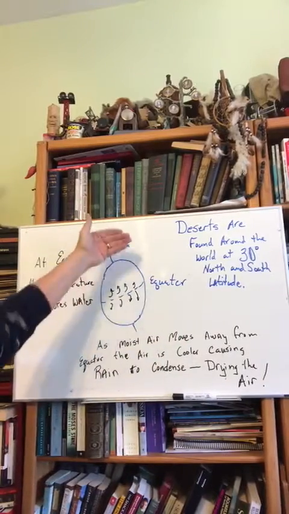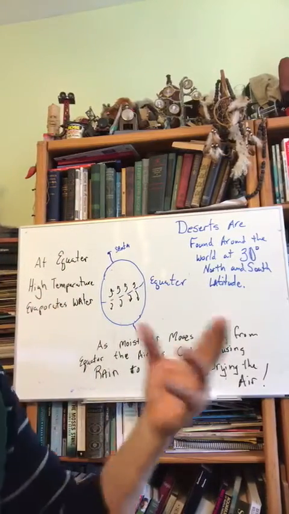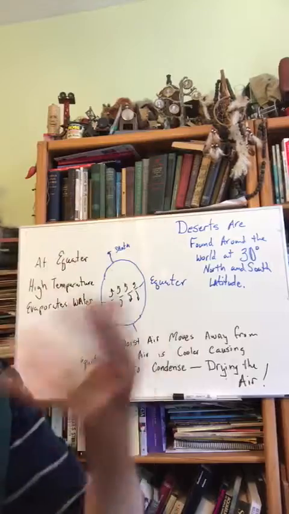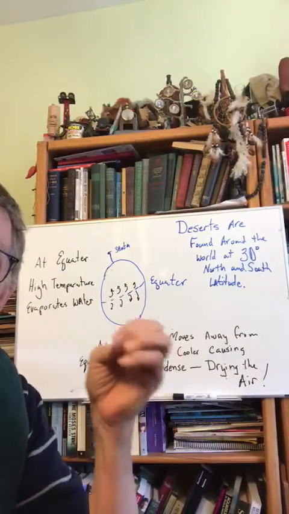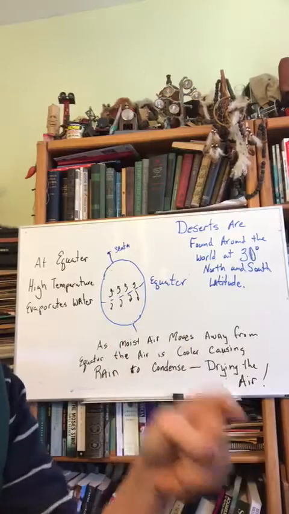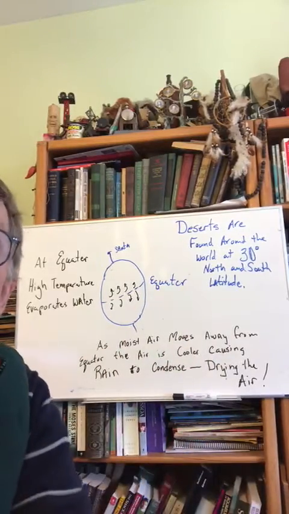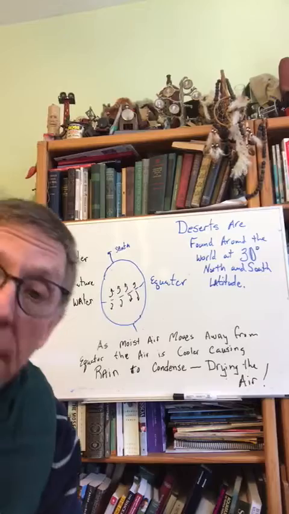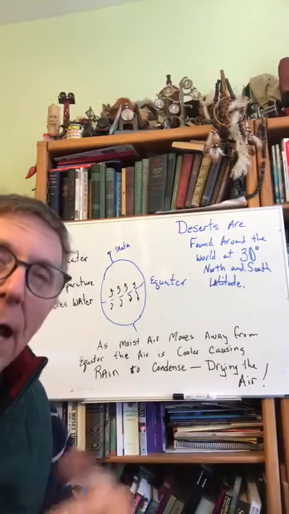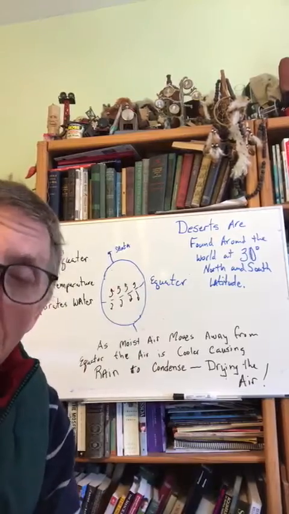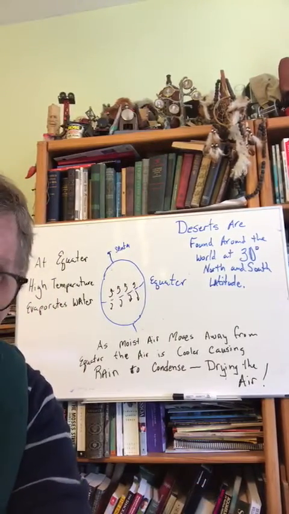And so as you continue moving north or south, it starts to become filled with water again, and we get the biomes of the temperate areas that we'll talk about next. Temperate meaning areas like where we live. We live in a temperate area, areas that are above or below 30 degrees north or south latitude.